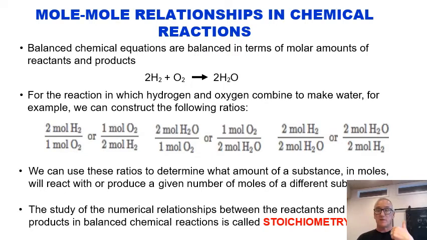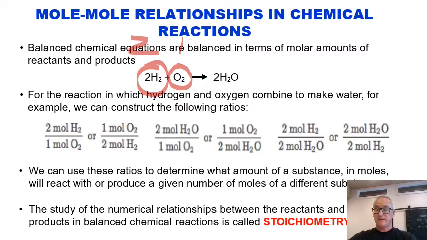So they're balanced in terms of molar amounts of reactants and products. That's where the moles really come into effect, because we can see that we have 2 moles of hydrogen molecules versus 1 mole of oxygen molecules.